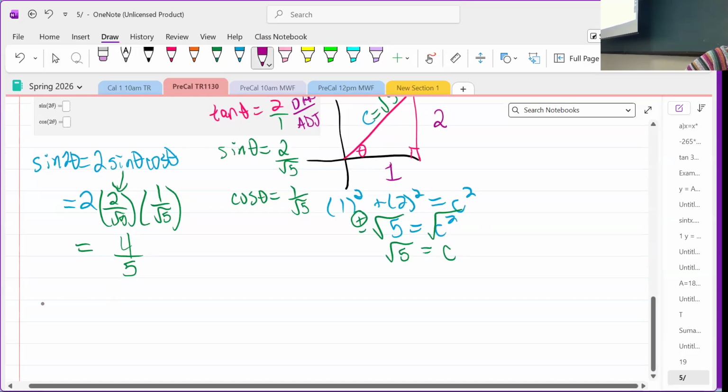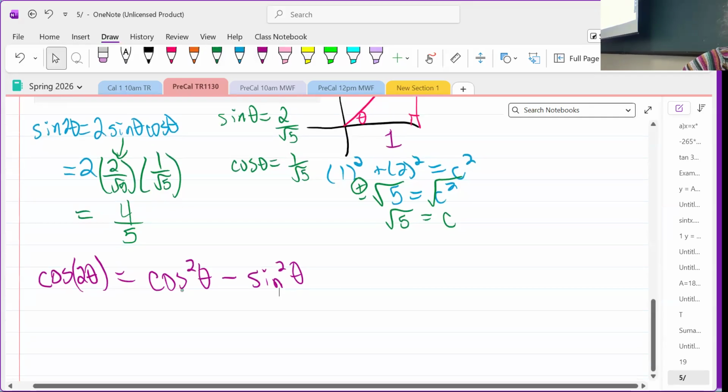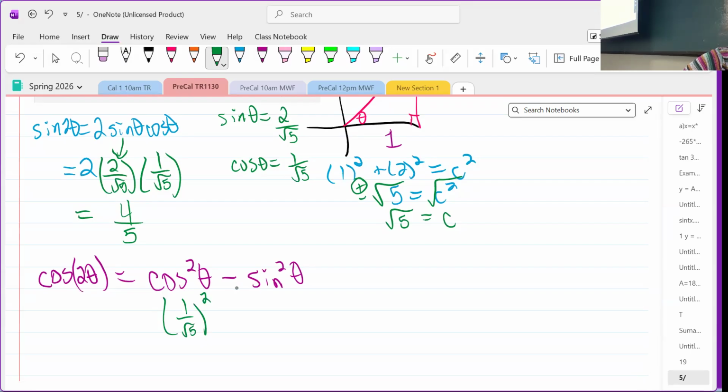Now our cosine 2 theta formula has 3 different formulas, but I usually go with the first one just because I'm lazy. So cosine squared theta minus sine squared theta. Cosine of theta is 1 over the square root of 5. So I have 1 over the square root of 5 squared, minus, and then my sine theta is 2 over the square root of 5.